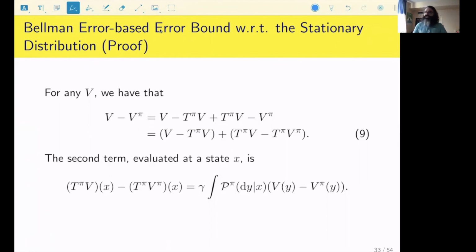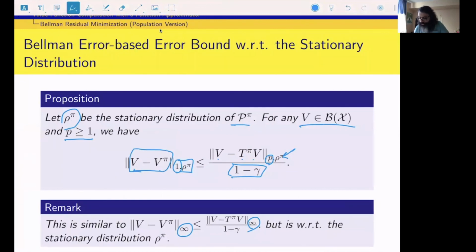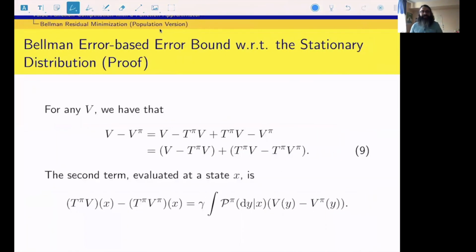So how do we show it? In this kind of proof, we start from what we want to show and then try to upper bound it. So V minus V pi. And we want to get something related to V minus T pi V. The proof technique is to add T pi V there, or construct V minus T pi V. So for any V, V minus V pi is V minus T pi V plus T pi V minus V pi.